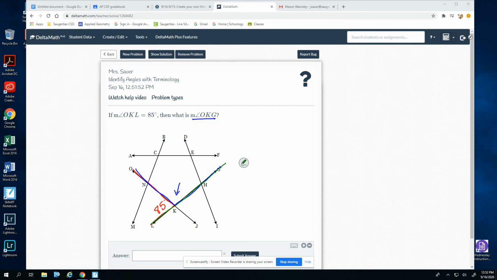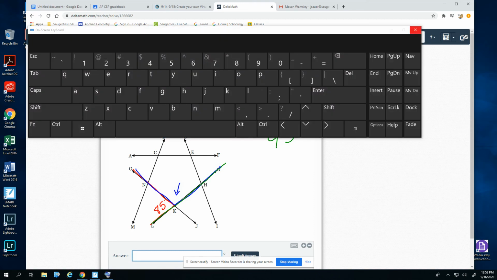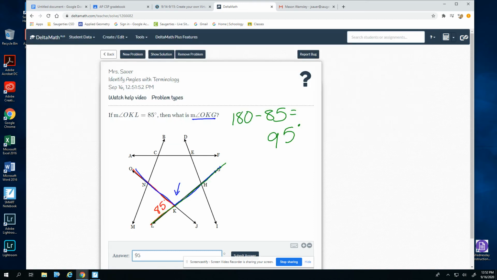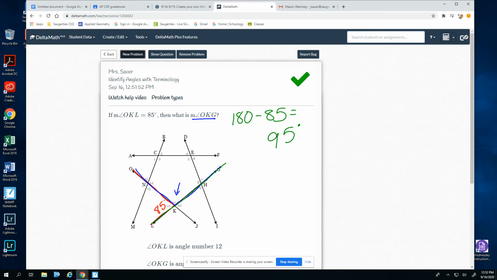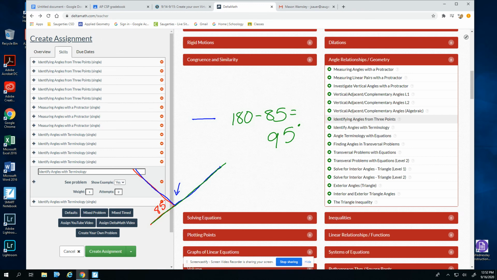So when I look, I know that they have to add up to 180. So this whole line is going to equal 180 in terms of the number of degrees. So I'm going to subtract to see what's left for OKG. And it looks like 95 degrees are left. So we'll go ahead and type that in. Okay, we'll go back and look at the next one.